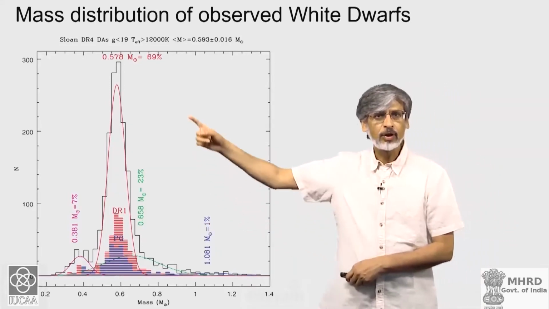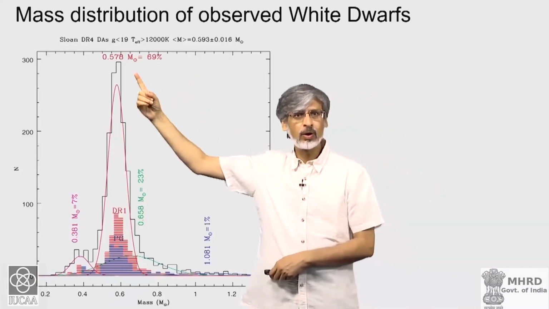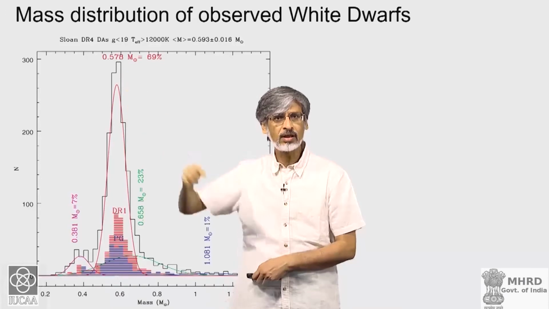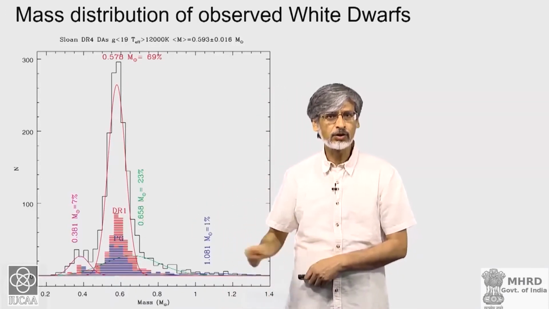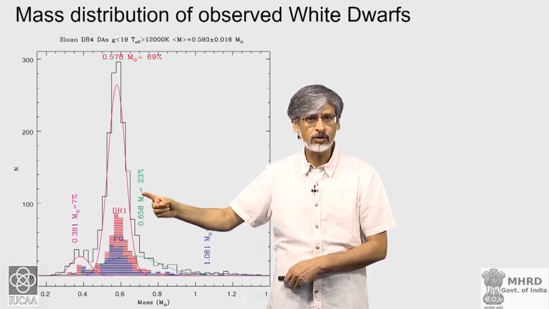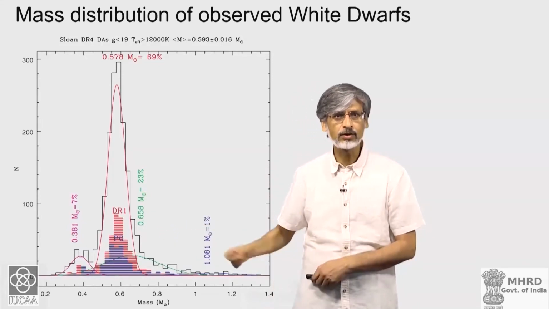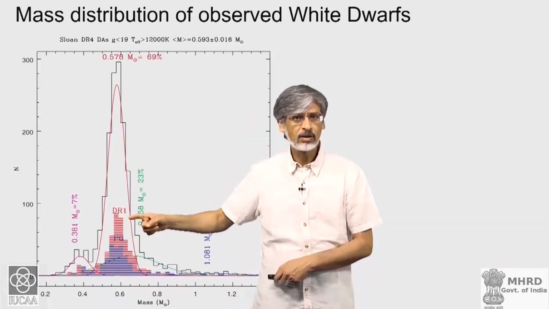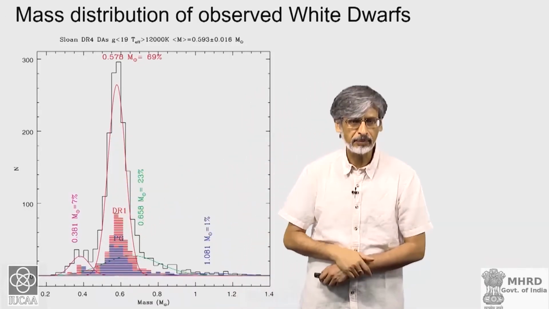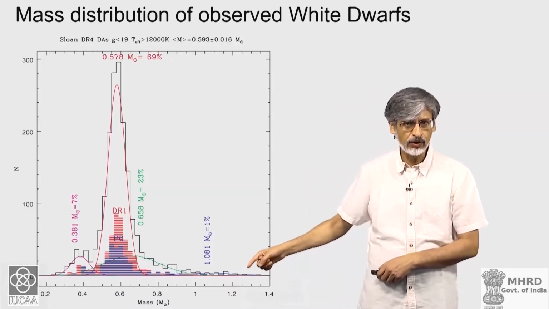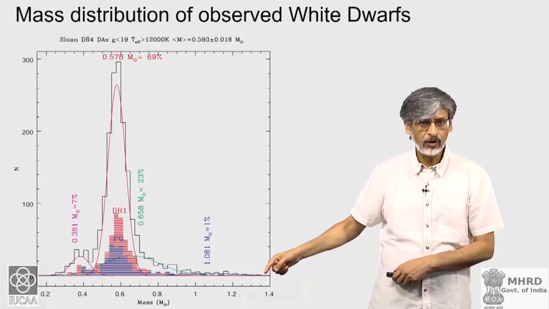But most of the white dwarfs, about 70%, are in this distribution, which is near 0.6 solar mass, and this one, which is also very near 0.6 solar mass, contains about 23%. So almost 90% of the white dwarfs we see are in this region. But there is a tail, and you can see that the tail goes all the way up to almost 1.4 times the mass of the Sun.